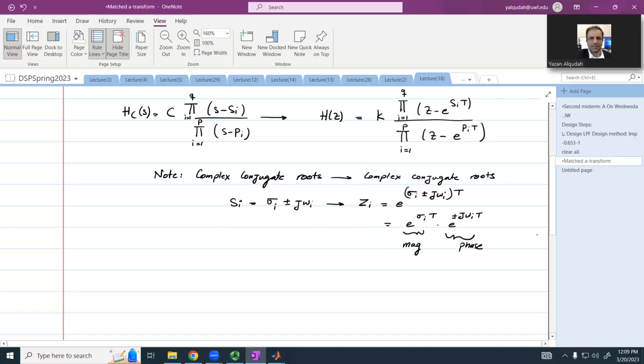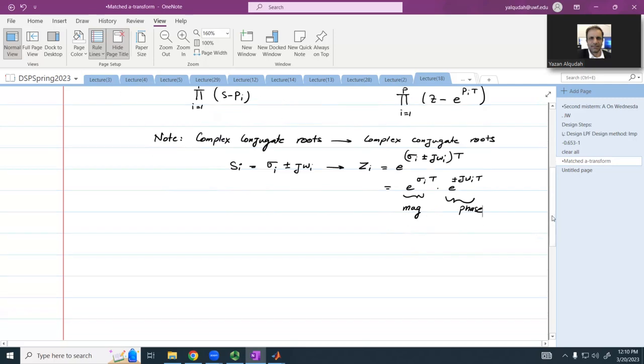Apparently, if you look at the mapping of the poles, we can see that stability is preserved. If I have a pole in the left-hand plane, it's going to get mapped to inside the unit circle.